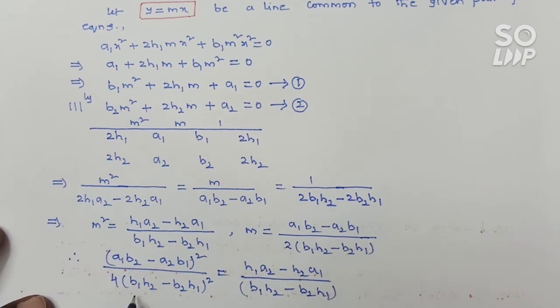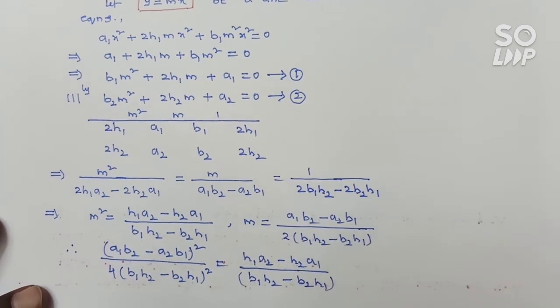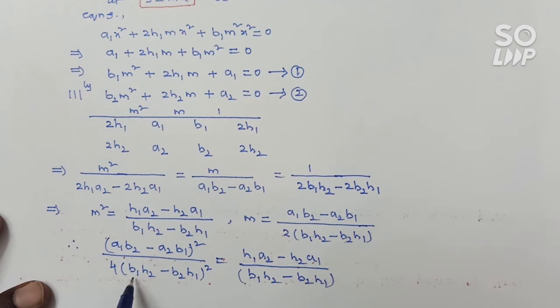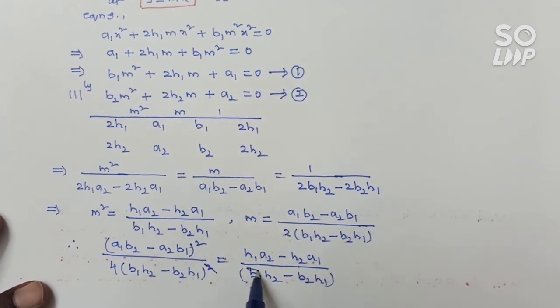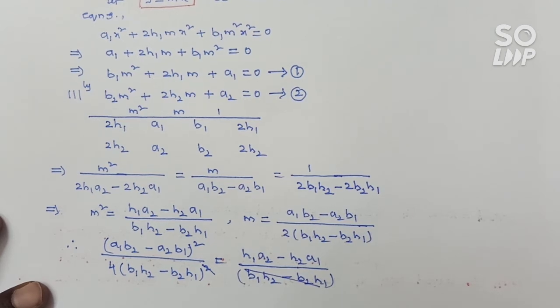Right? Now here on both sides one factor will be cancelled, B1 into H2 minus B2 into H1.